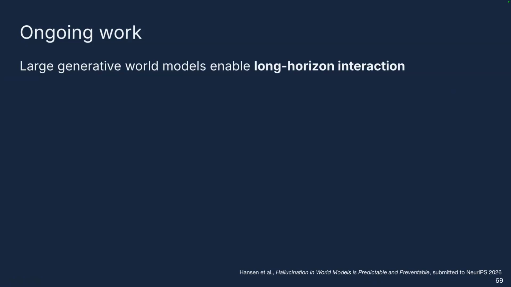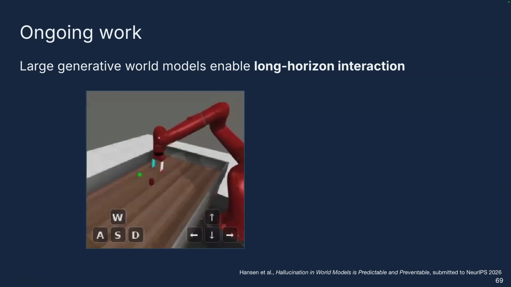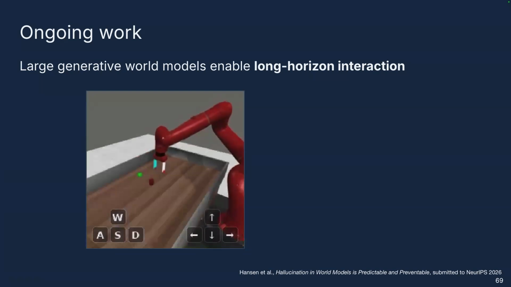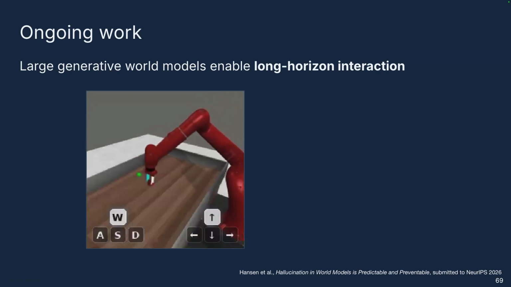But in general, in the generative world modeling space, we've seen a lot of efforts recently in scaling up the models and therefore also the capabilities of these models. And this allows us to do pretty long horizon interaction as a human. Here's a video from a world model that we trained recently on the 200 task benchmark. And here you see me interacting with the world model using the keyboard.